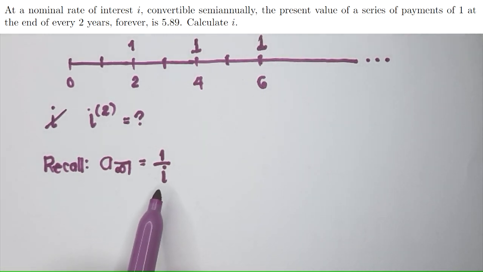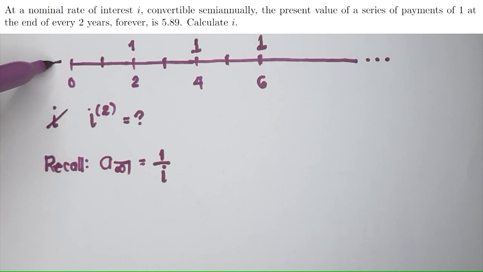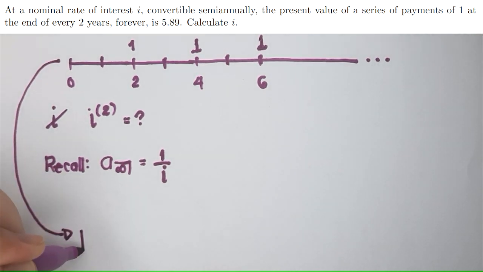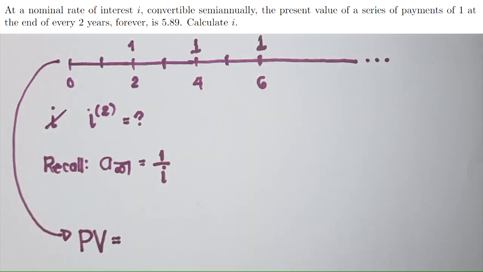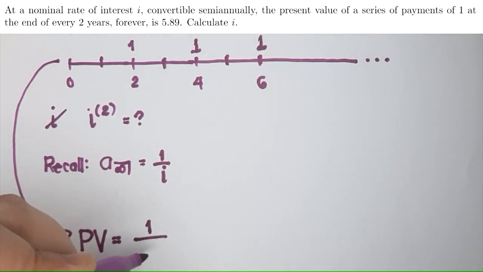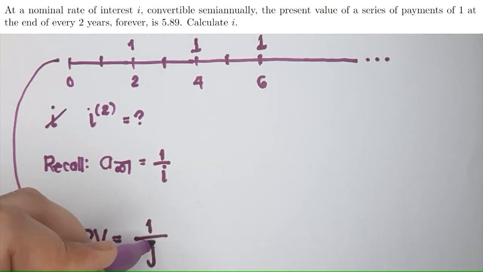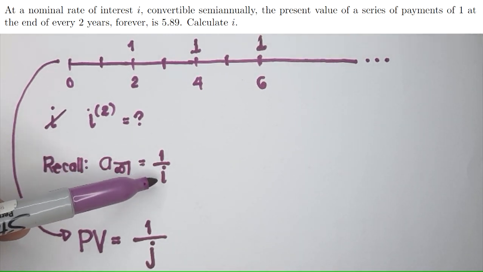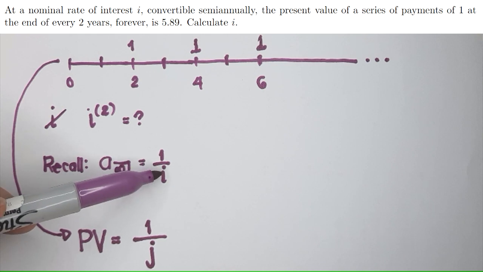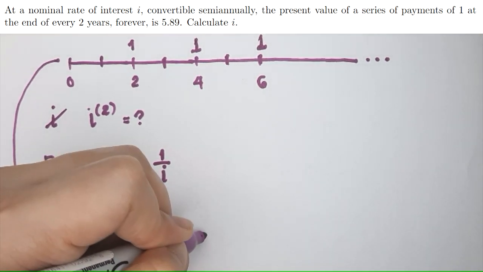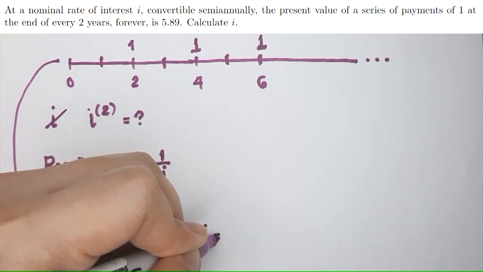So, using this time diagram, the present value is equal to 1 over, I'm going to use j instead. I'm not going to use i because it is reserved for an annual effective rate of interest. So, j is equal to what?